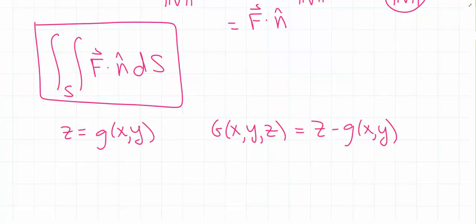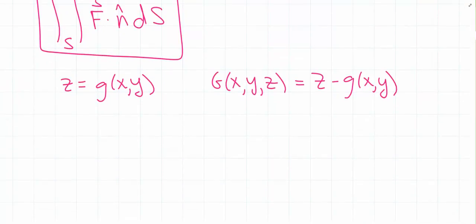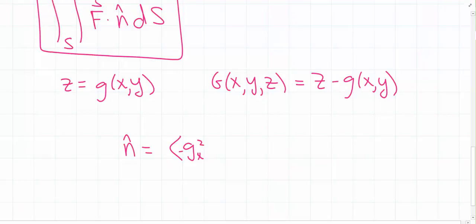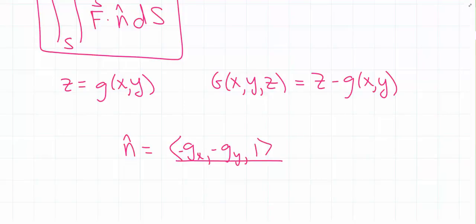And then I get the gradient. And we know, we've already done this, we know that n is equal to negative gx, negative gy, and 1, and we divide by the magnitude.